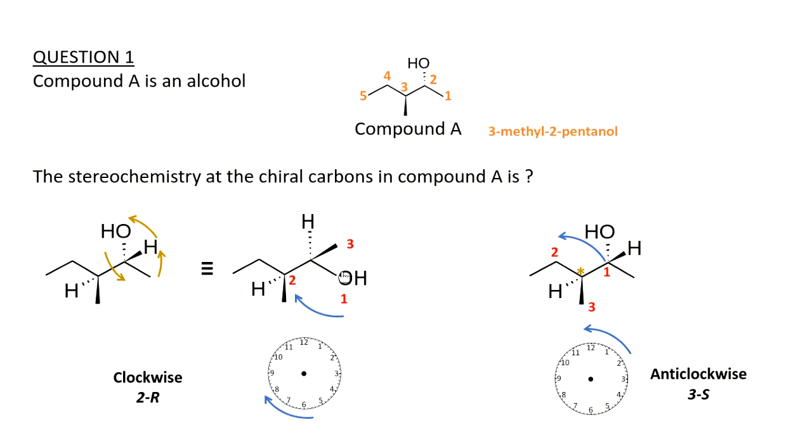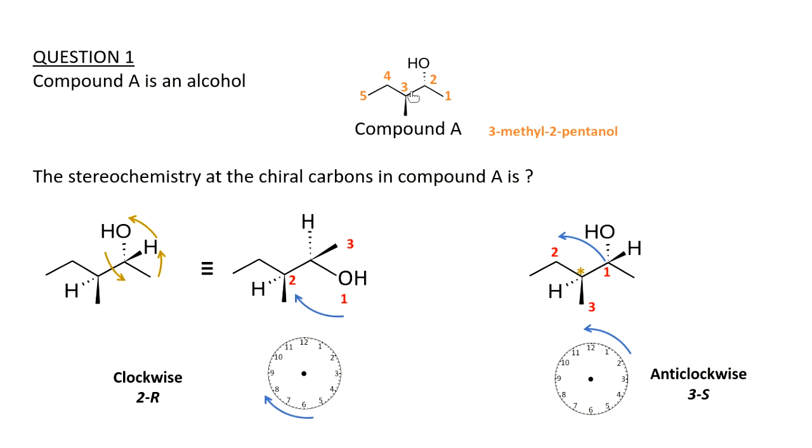We have a carbon attached to carbon versus a carbon attached to hydrogen, so this alkyl group will be priority 2, and the methyl group is priority 3. So we are going clockwise, 1, 2, 3. And if we are going clockwise based on the Cahn-Ingold-Prelog rules, then this carbon has the R stereochemistry.